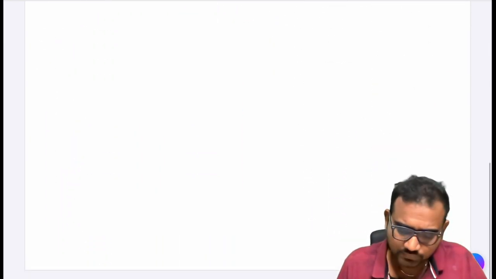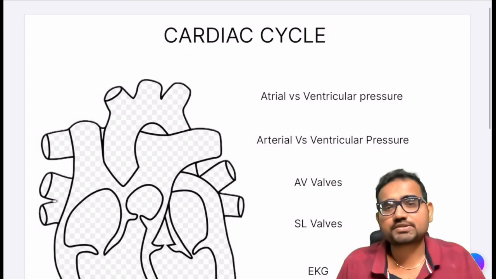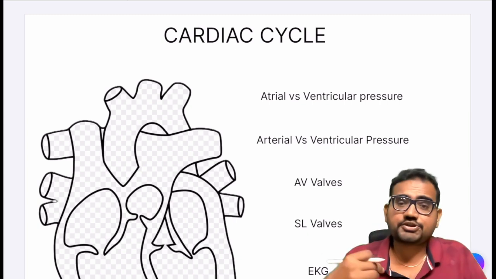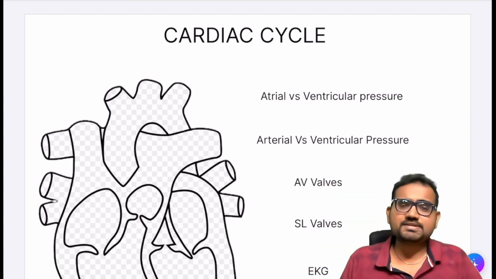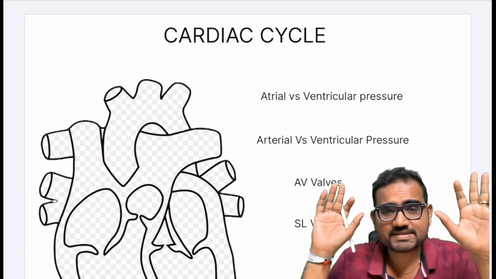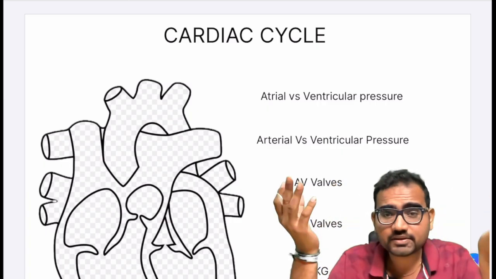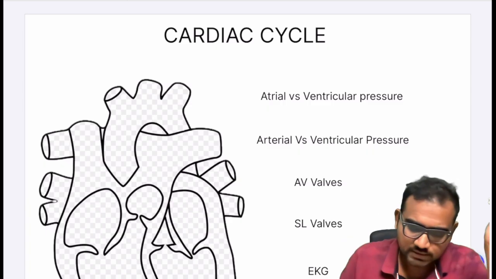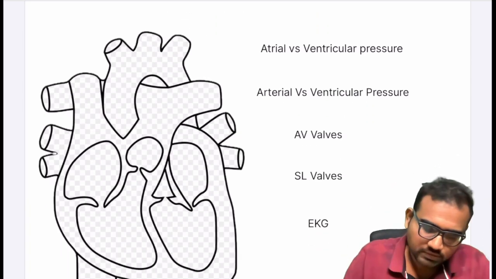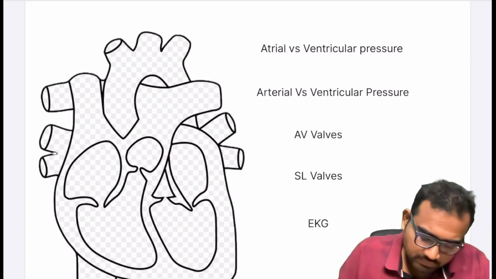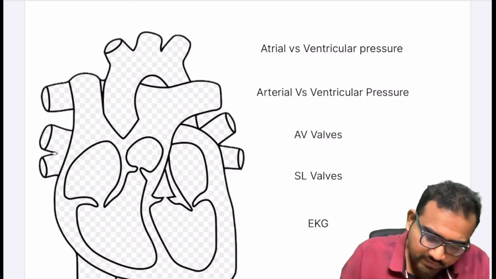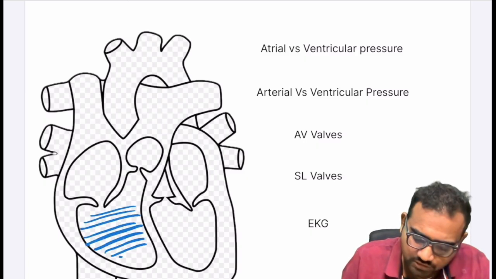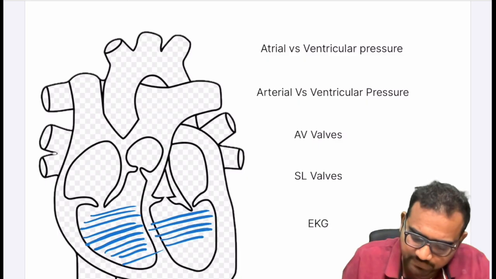Okay, now moving on to the next phase. This is the ventricular ejection phase. As the name implies, the pressure is going to increase in the ventricles, the valves are going to open, and the blood is going to flow out. The blood inside the ventricles is going to build up lots and lots of pressure because of the contraction.